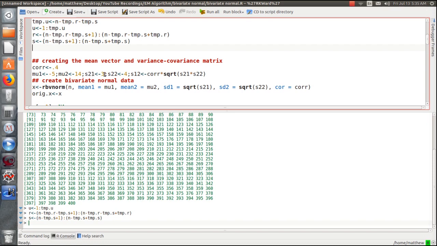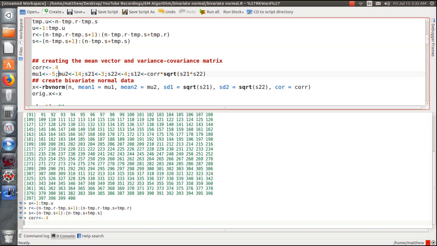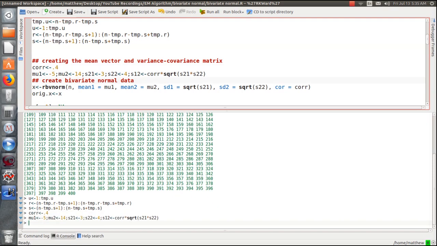For the first component is 3, sigma squared for the second component is 4, and then I back calculate to find the covariance. And I do that because you want to keep your matrix positive definite, otherwise things don't work right. So here's how you generate the bivariate normal, different means.